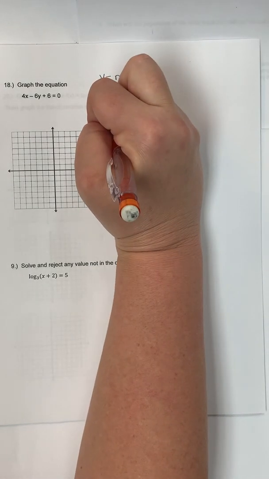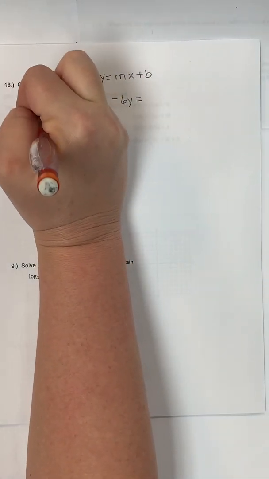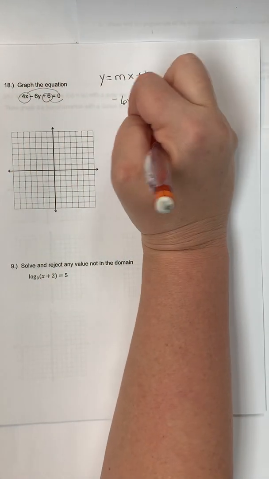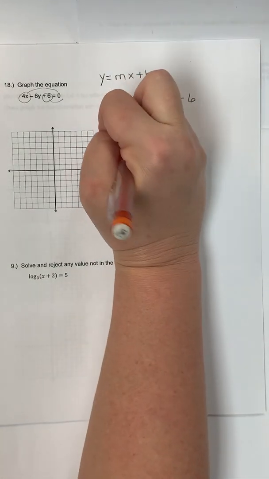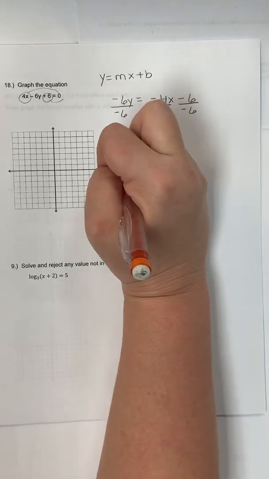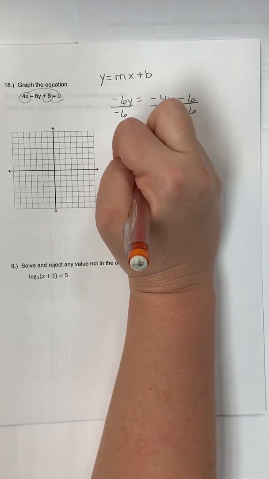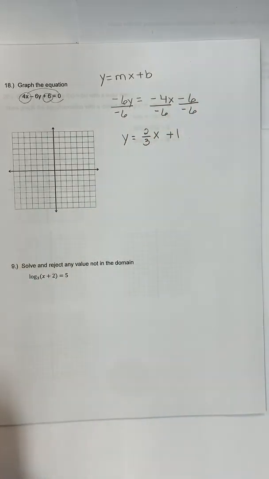So I'm going to leave my y term and I'm going to subtract my 4x and my 6 all to the other side. Then I'm going to divide each term by negative 6 and I get y equals a positive 2/3 x plus 1. Now I can graph that.